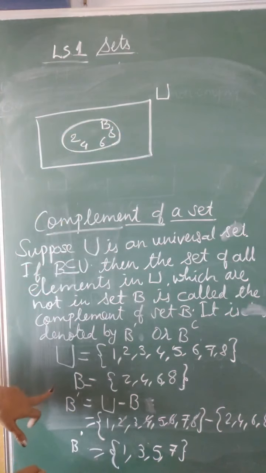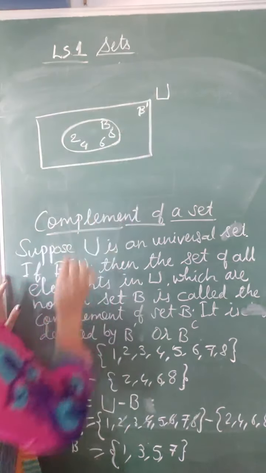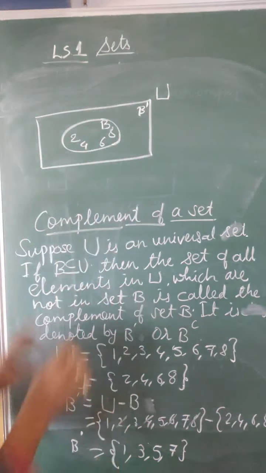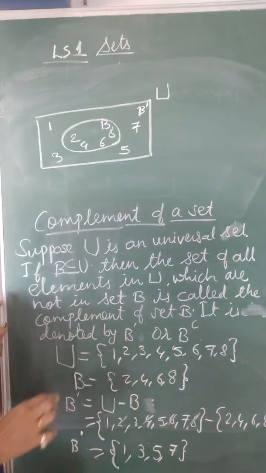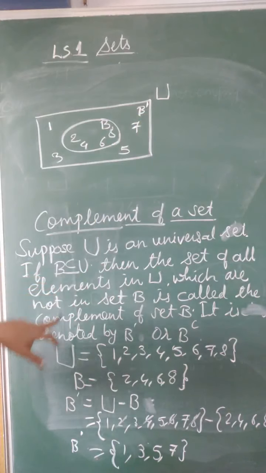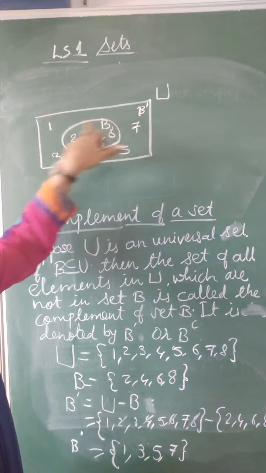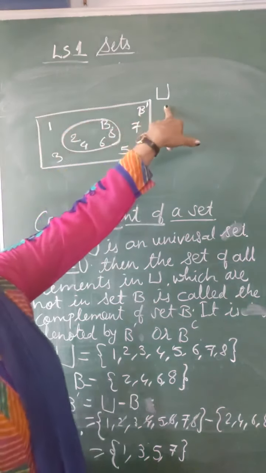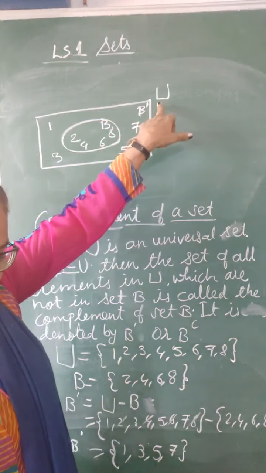Now you have B dash, so we write B dash here, and what are the elements of B dash? 1, 3, 5, 7, in any order you can write. So it shows that this is B complement and this is B, and B dash, that all belong to the universal set, or they are subsets of universal.